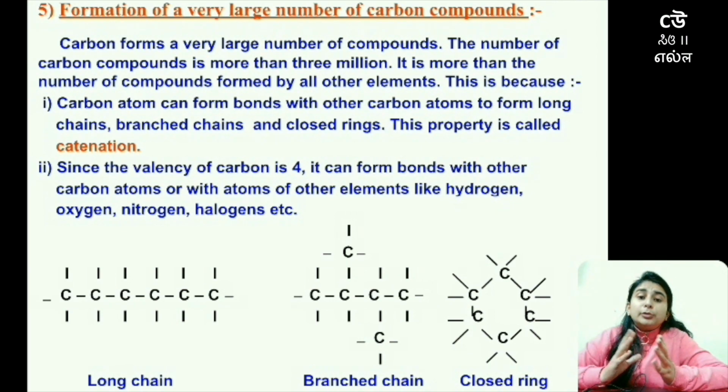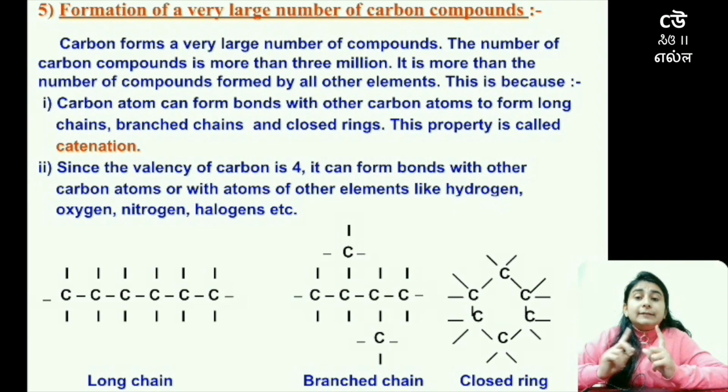Not just about long chains, it can also form branch chains or even closed rings. So this property of carbon, where it can form long chains of carbon atom or branch chains of carbon atom or even closed rings, this property would be called as catenation.